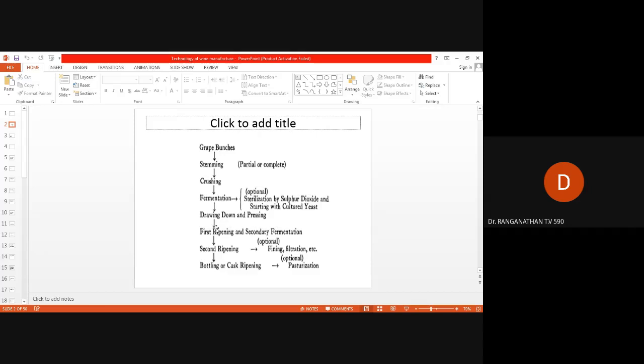After this, you go for a second round of fermentation. Now, this fermentation has nothing to do with the conversion of sugar to alcohol, but involves what is called malolactic acid fermentation, where the other acids are converted to lactic acid and esters. This is to bring down the acidity and improve the flavor components of the final product.